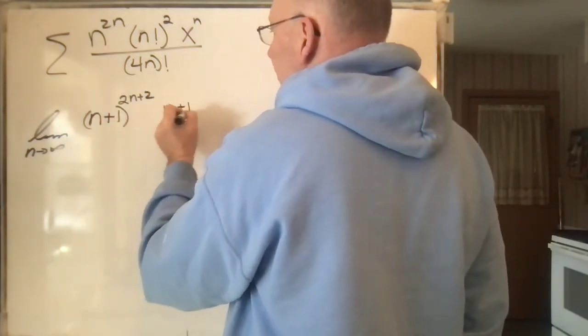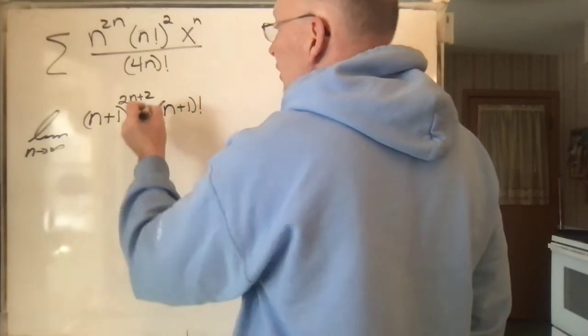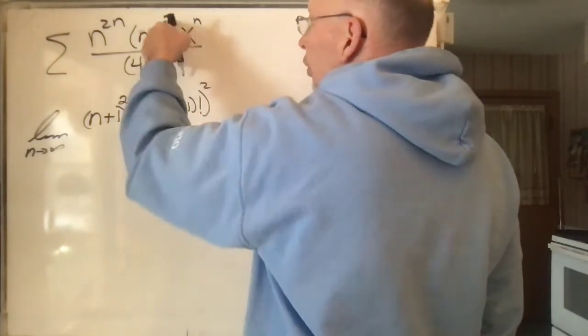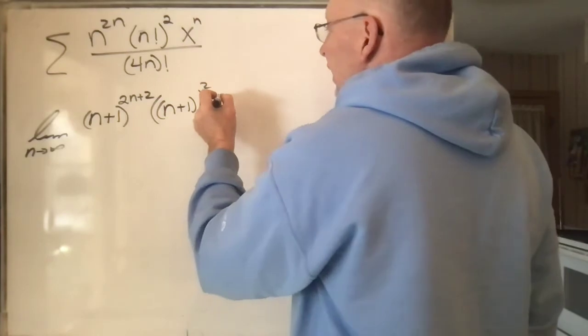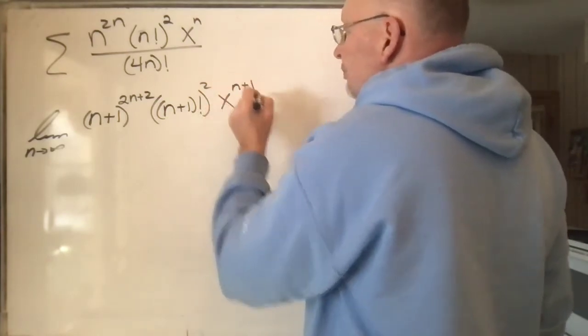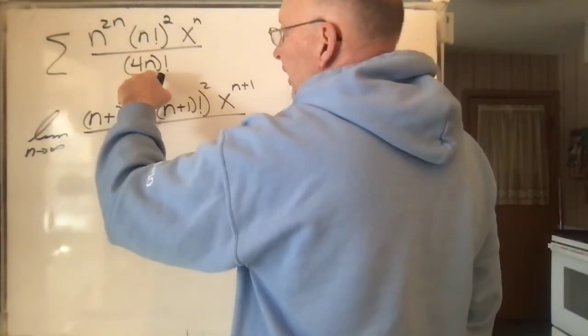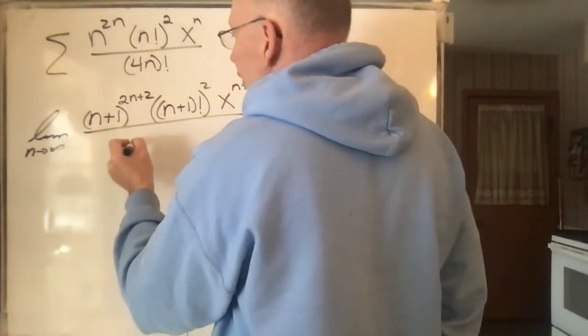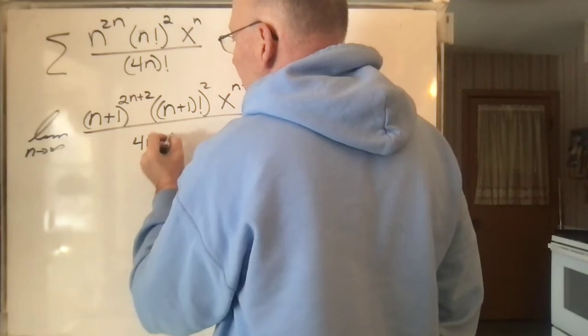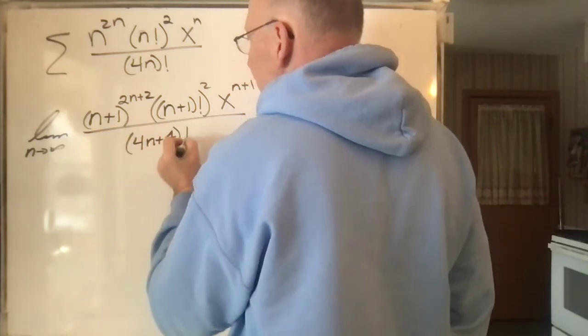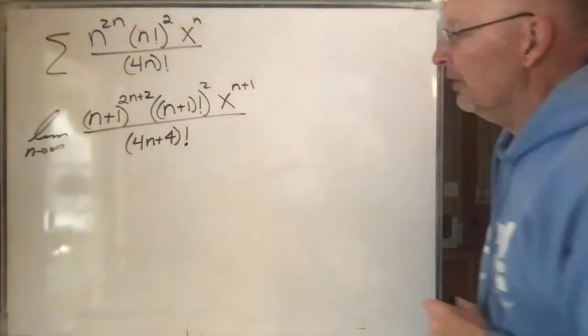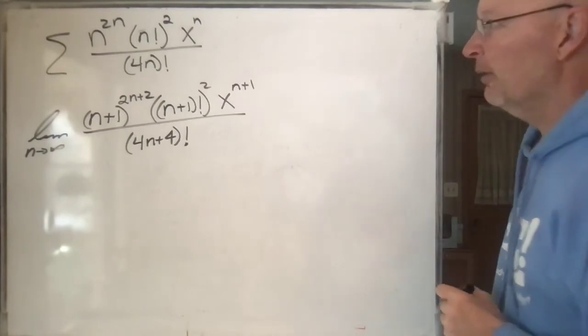Then it's going to be an n plus 1 factorial quantity squared. There's no n there, it's just squared. Then x to the n plus 1 all over, again, if I put an n plus 1 in there and multiply it by 4, it's going to be a 4n plus 4. I could do that in 2 steps, but I'm just going to make it 1 step. It's going to be a 4n plus 4 by the time I do that.